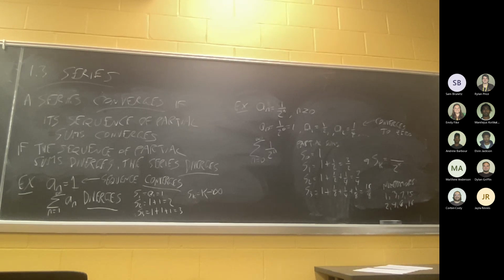It's 2 to the k plus 1, because we have 2 to the first, second, third, fourth, and then you subtract 1.